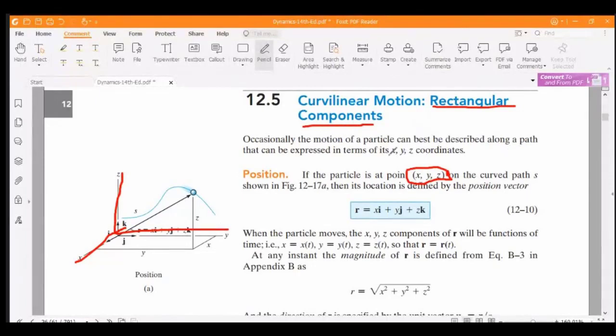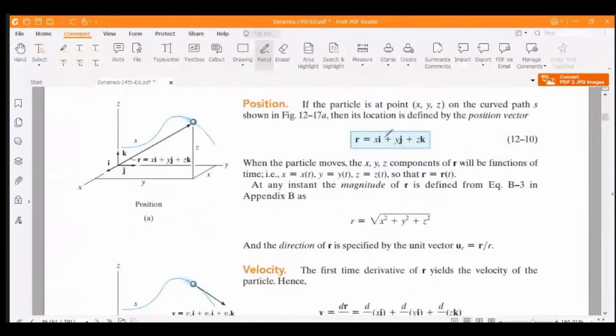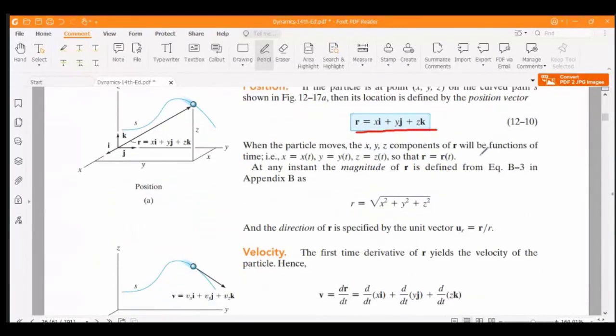We know that we can express something in xyz coordinates, not a new thing for you, I guess. So the position r we are talking about can be written like this: xi plus yj plus zk. Then x can vary as a function of t, y can vary as a function of t, and z can vary also as a function of t.